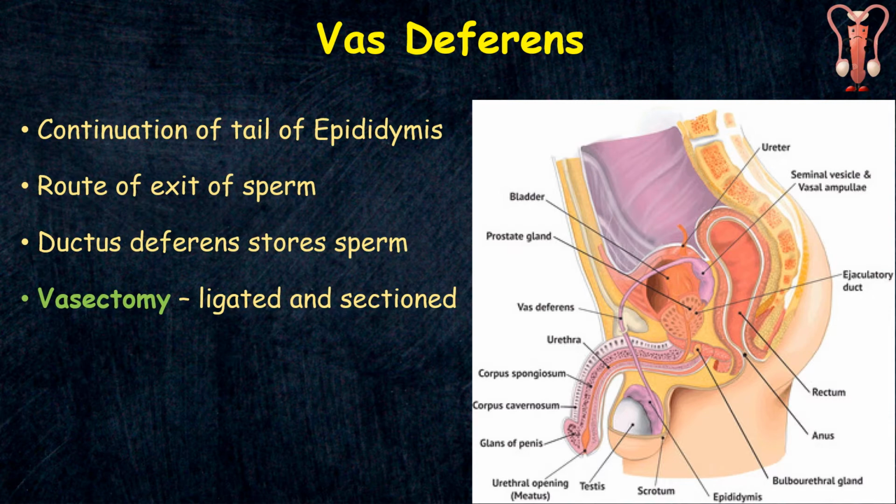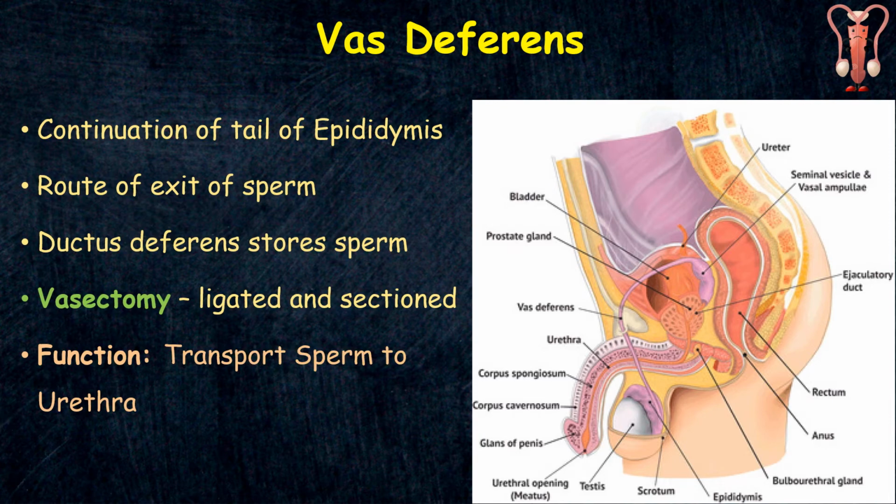In vasectomy, a surgery for sterilization in males, the vas deferens is ligated and sectioned. The main function of the vas deferens is to transfer the sperm to the urethra.